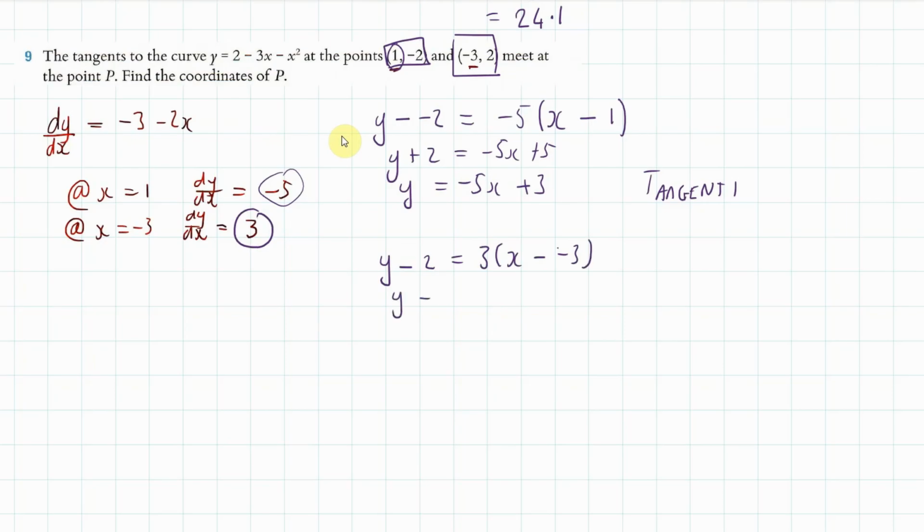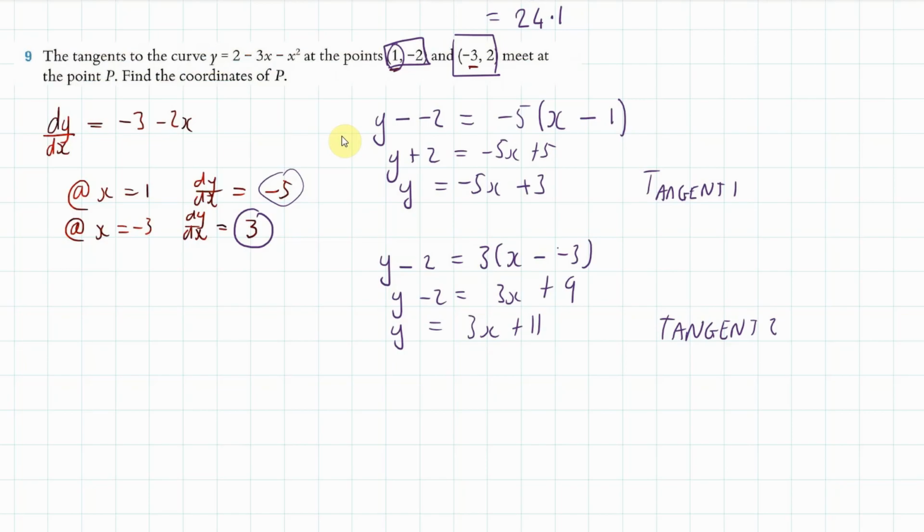And so we get y minus 2 equals 3x, and that minus 3 is like a positive 3, isn't it? So we'll get plus 9 here, and then we should get y equals 3x plus 11 when we simplify. So this is tangent 2.